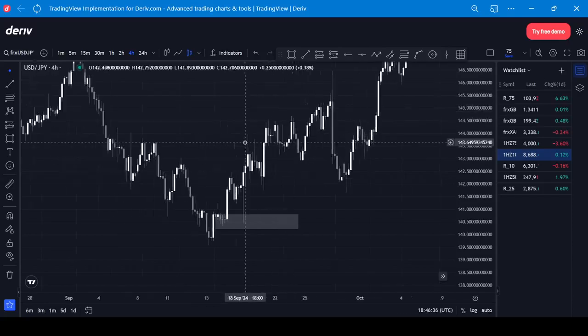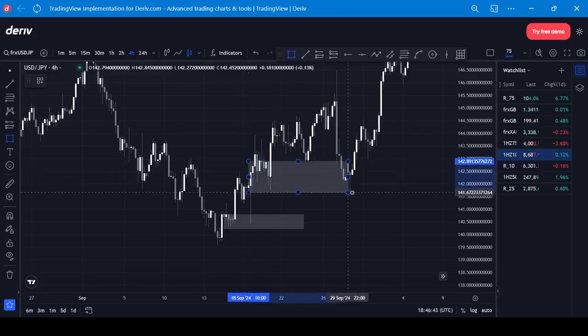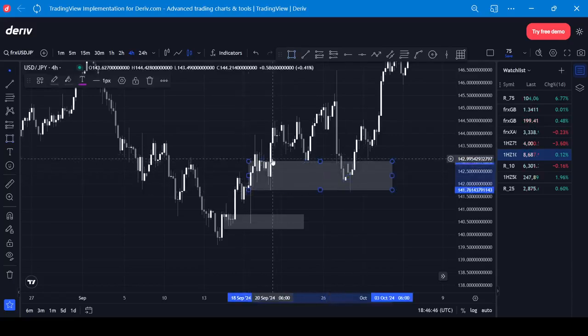Then many people waited for the market to go down to another supply level, which is this level here. This is a supply level. Why? Because we have price rapidly move like this. You see how this white candle goes like this, it means price moved with force.